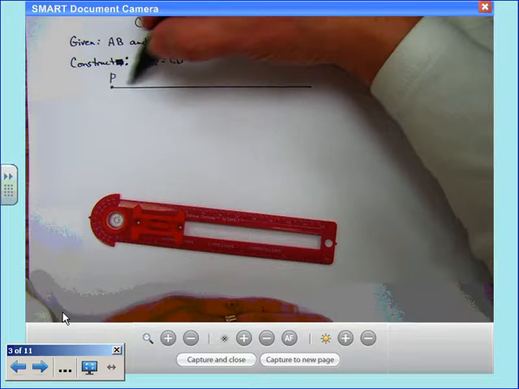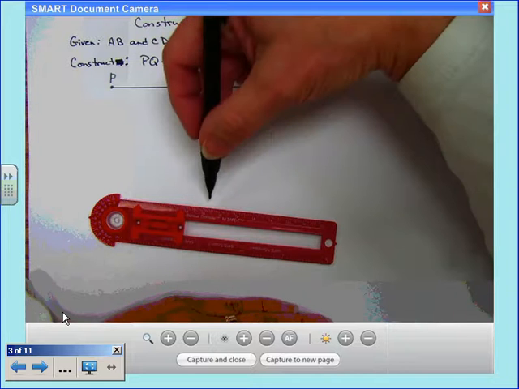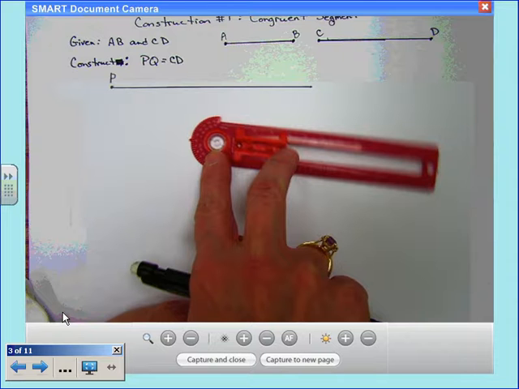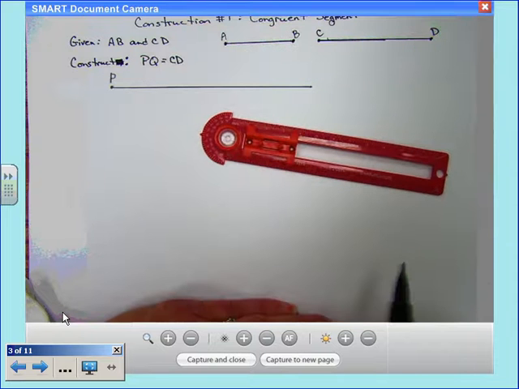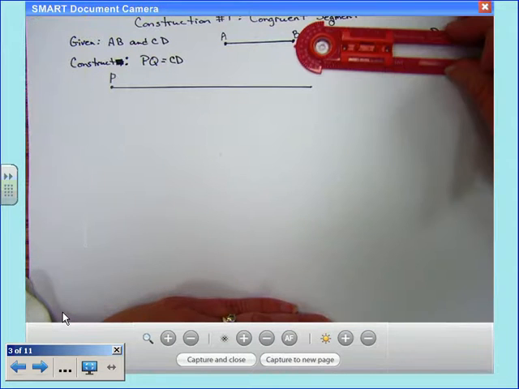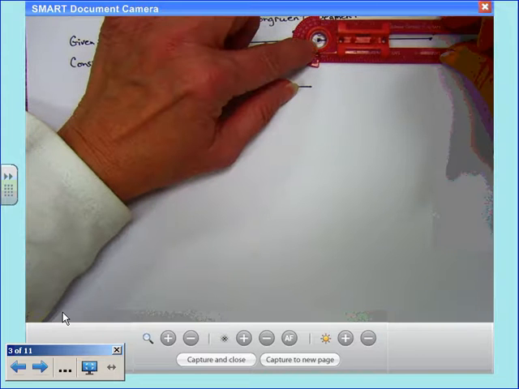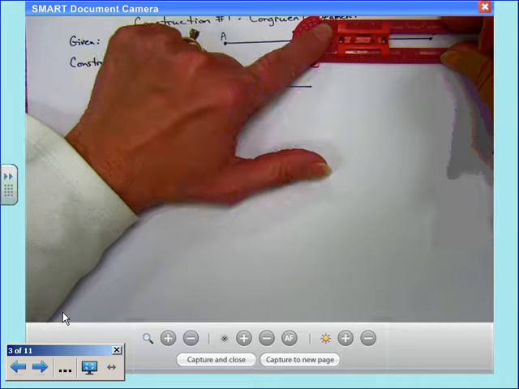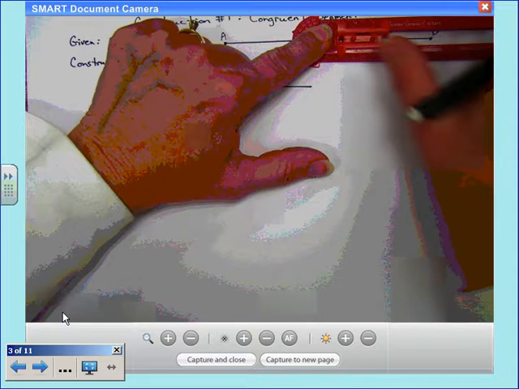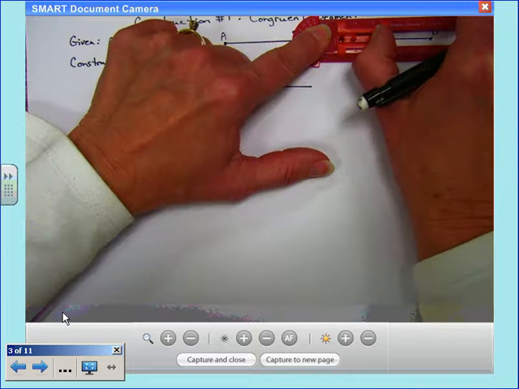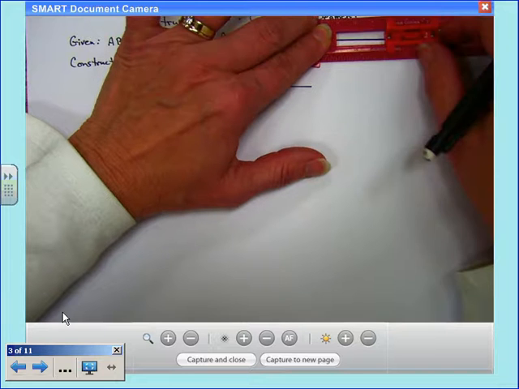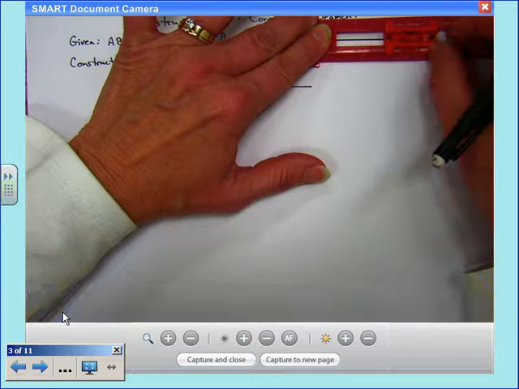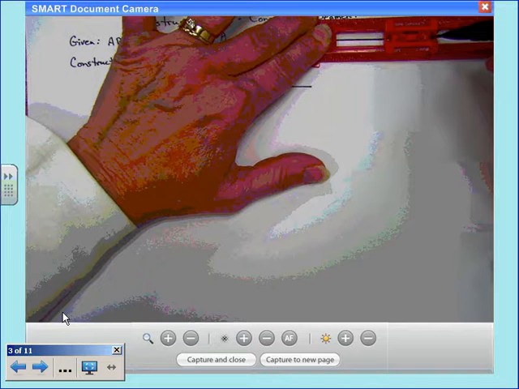Now, we're just looking for where Q is. Again, we're not going to measure with the ruler; we're going to use the holes in the compass. The first thing we do is put the center of your compass, everybody remembers where the center is, over C. Then we move the sliding part until you see endpoint D in the little hole on the end here.